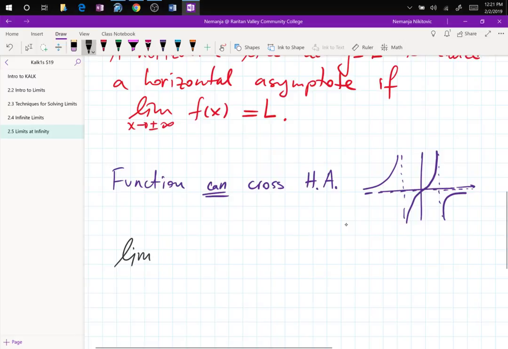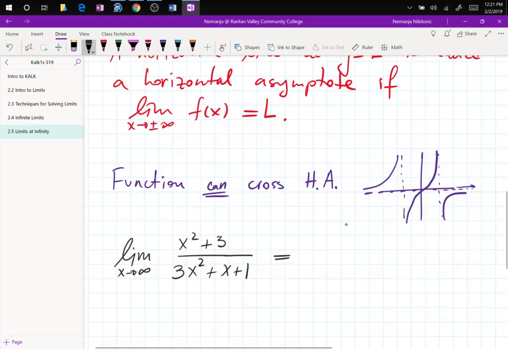The limit of x squared plus 3 divided by 3x squared plus x plus 1 as x goes to infinity. Now, let's say you remember your pre-calc 1. You would immediately know that the answer to this is 1/3.